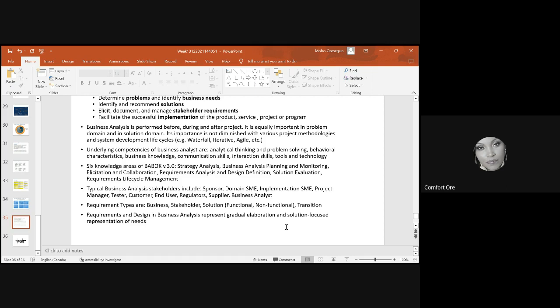The six knowledge areas of BABOK are strategy analysis, business analysis planning and monitoring, elicitation and collaboration, requirements analysis and design definition, solution evaluation, and requirements lifecycle management. There's six of them, and going forward we're going to be treating that extensively.